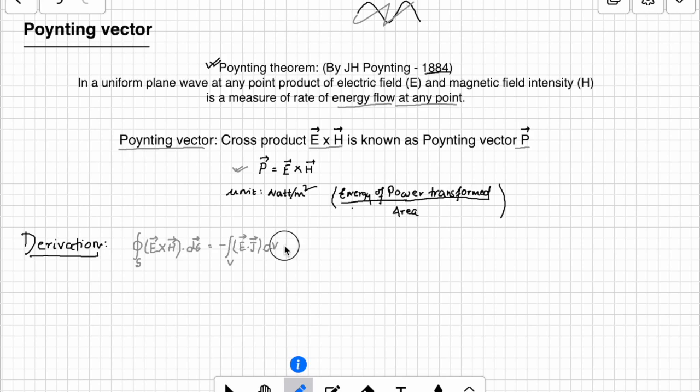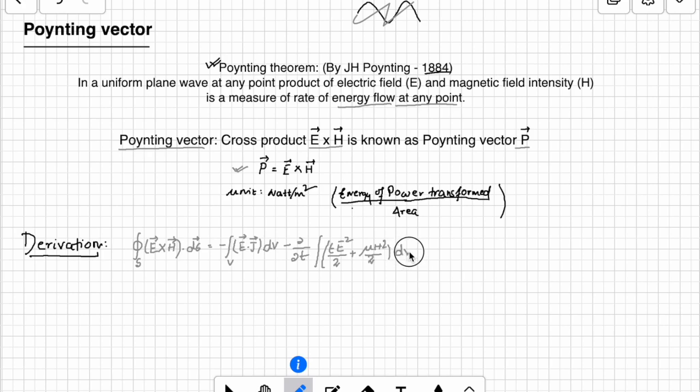The first term is the volume integral of minus del by del t, and then epsilon, the permittivity, times E square, the electric field, divided by 2, plus mu H square divided by 2, into dv.